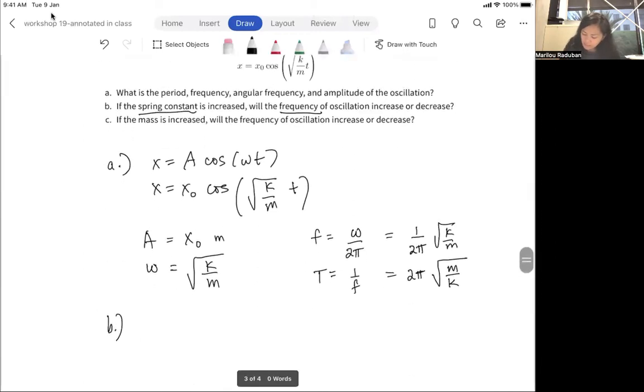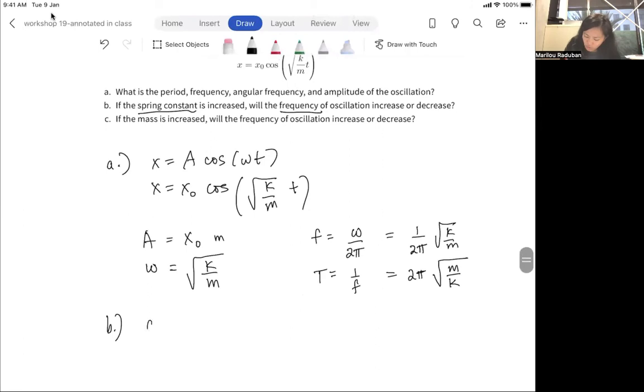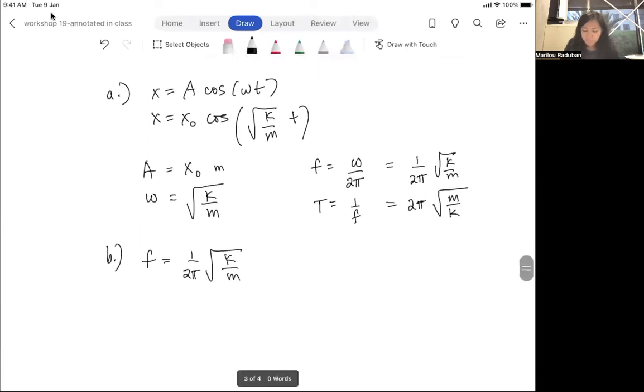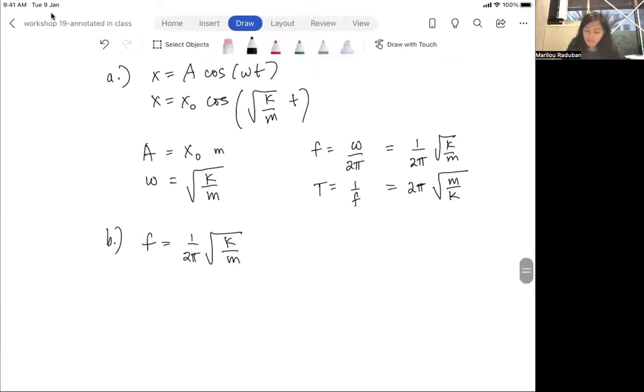So that comes into the equation f is equal to 1 over 2 pi square root of K over M. Okay. Notice how the spring constant is proportional to the frequency. Even if you have the square root, frequency is directly proportional to the square root of spring constant K.